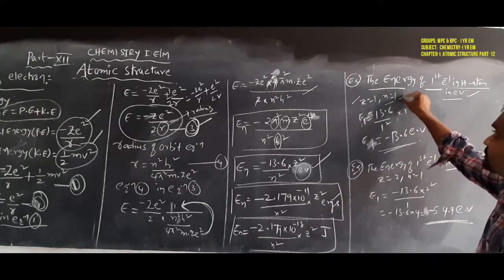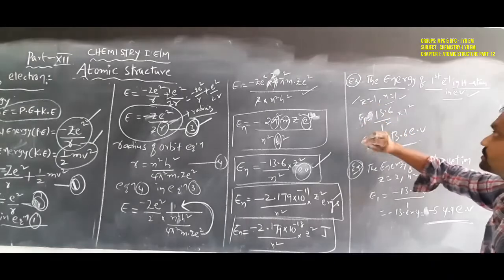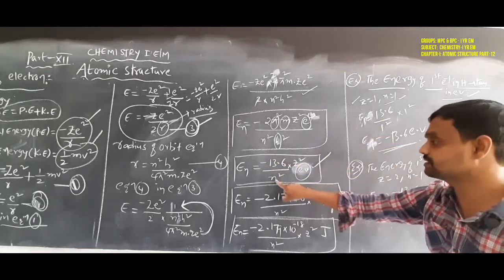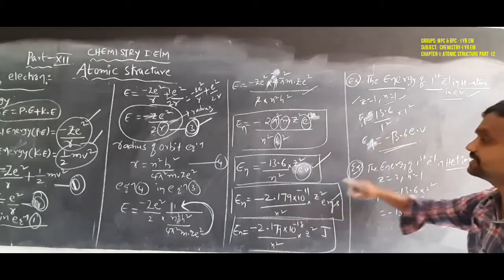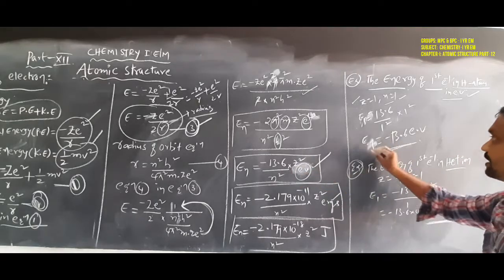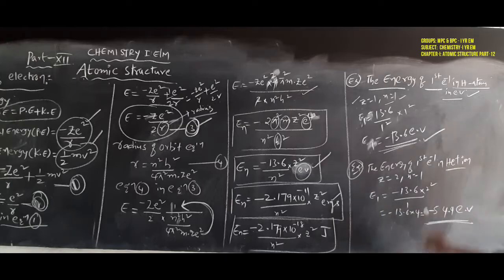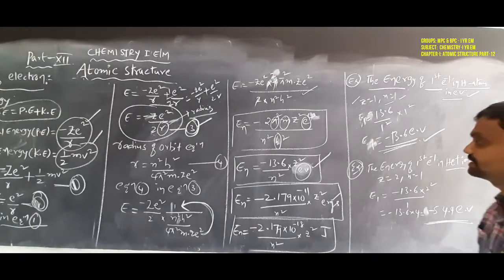First shell means n is equal to 1, and hydrogen atom means Z is equal to 1. So we substitute in minus 13.6 by n square, that is 1 square, into Z square, that is 1 square. On substitution we get E1 is equal to minus 13.6 electron volts. This is the final answer.